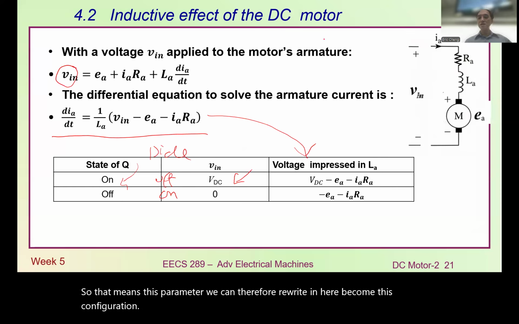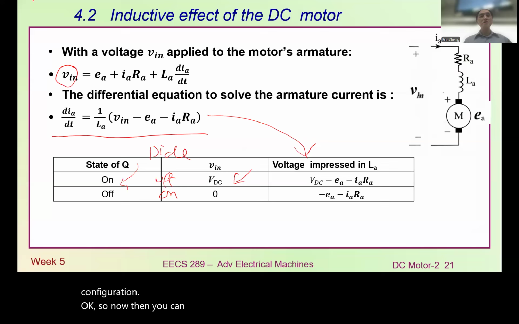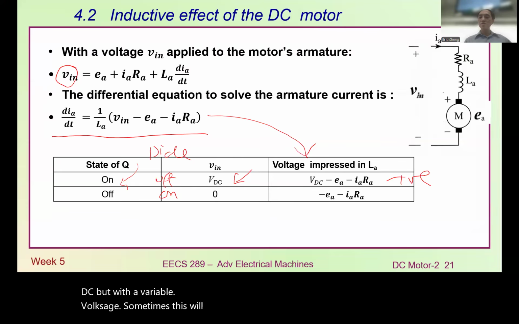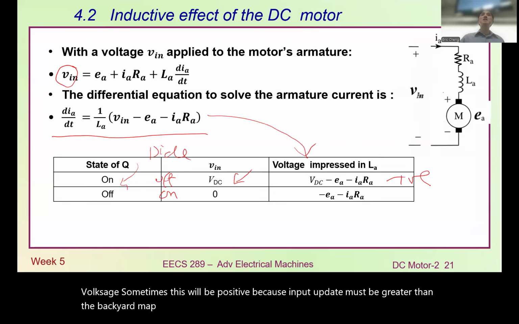Okay, so now you can see that the voltage impressed on LA is no longer a pure DC, but a variable voltage. Sometimes this will be positive, because the input voltage must be greater than the back EMF and also greater than the voltage drop on the resistor.